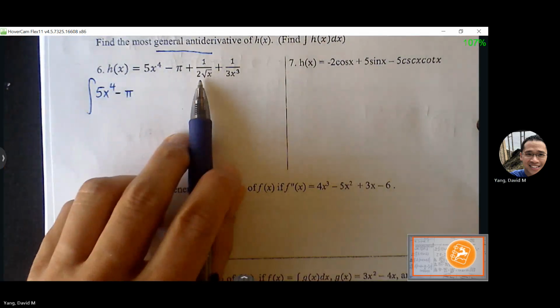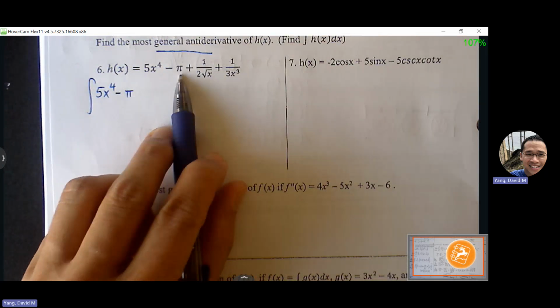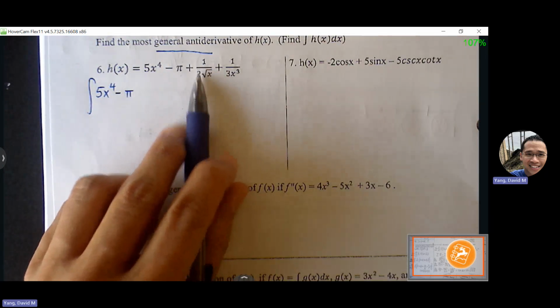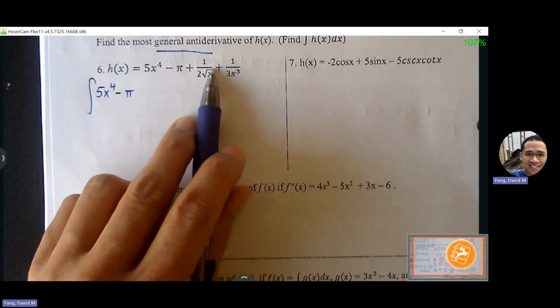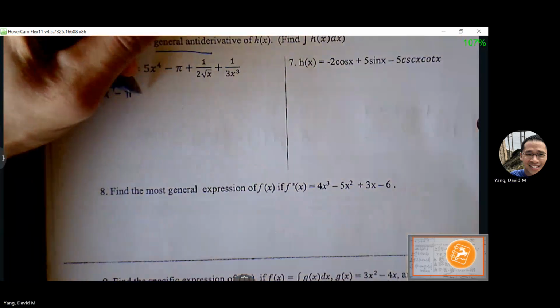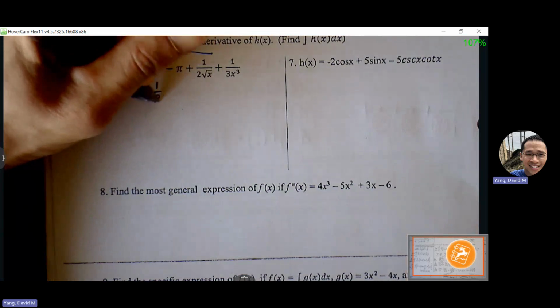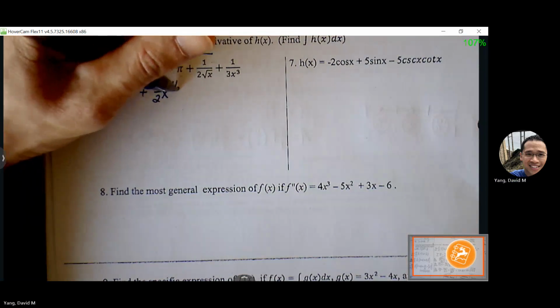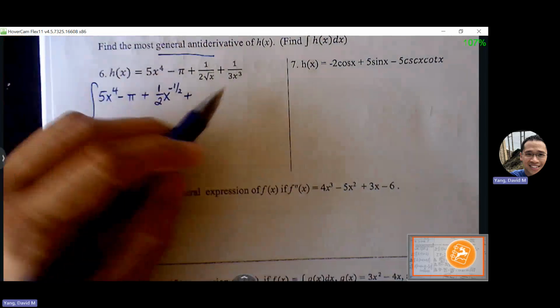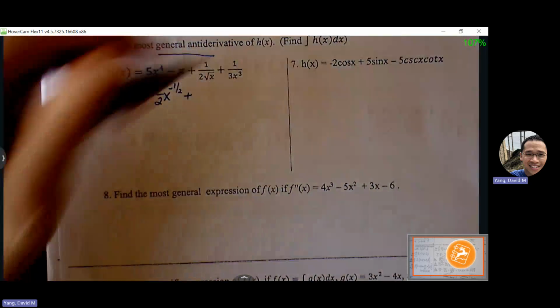So first two terms are ready to go. The third term, I can pull that root x up as x to the negative 1/2, and I can push the 1/2 out as a coefficient. And then the x cubed, I can push that up as x to the negative 3.